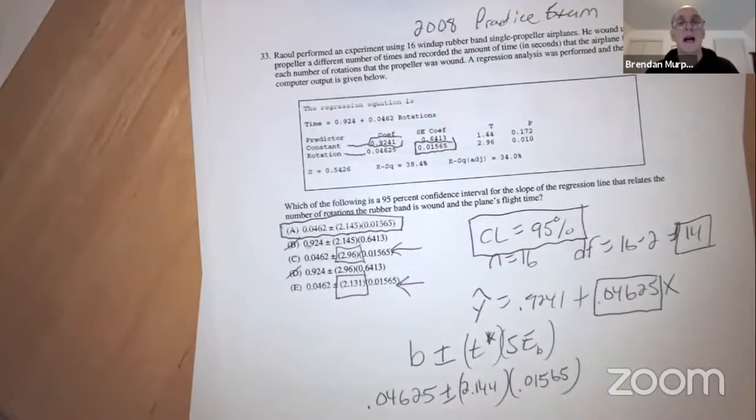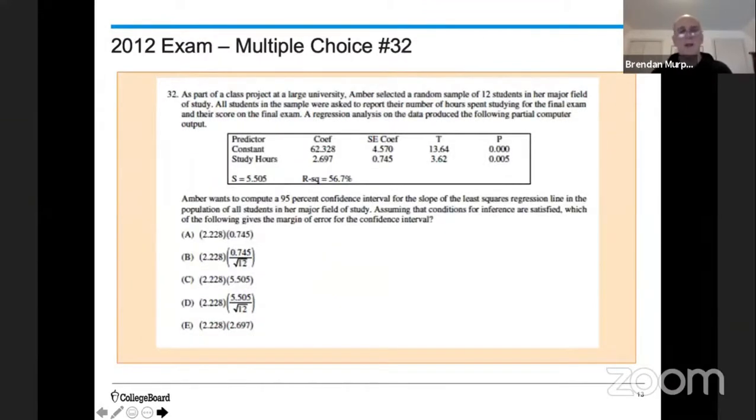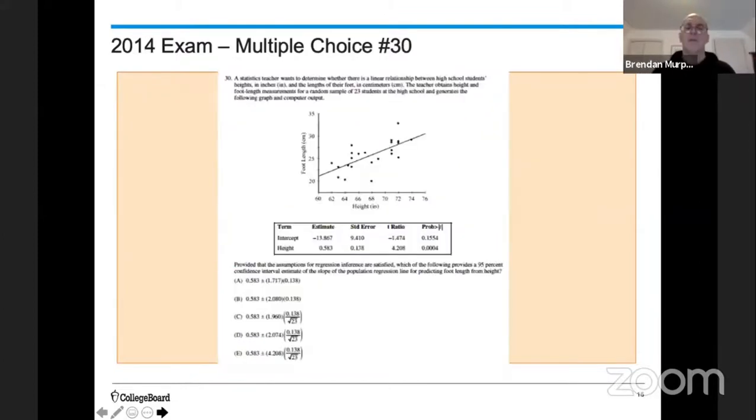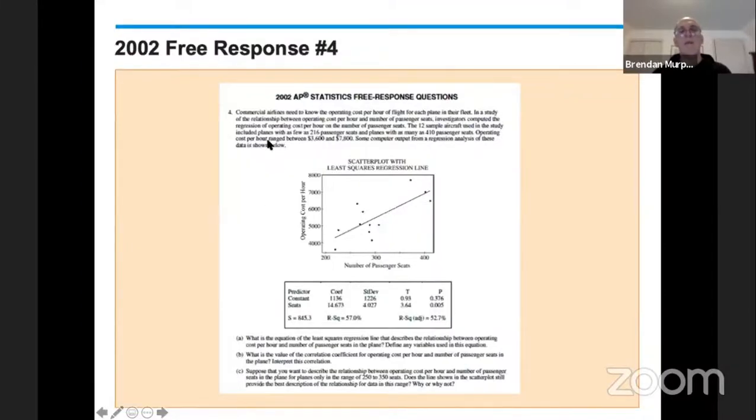I'm watching the clock here, and time flies when you're having fun, I guess, as an AP Stats teacher. There are a few more multiple choice questions that are basically the same thing, coming up with either the margin of error or the actual interval. So they're all similar in some ways. This was an old free response question that had to do with the sample least squares regression line and correlation coefficient.